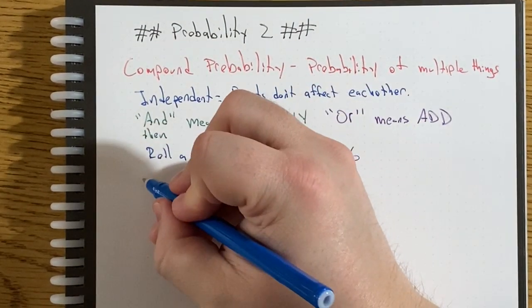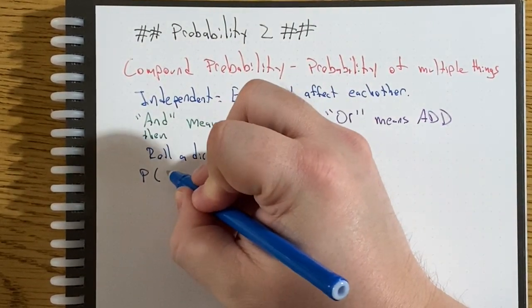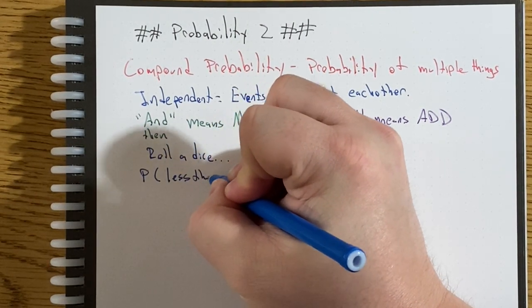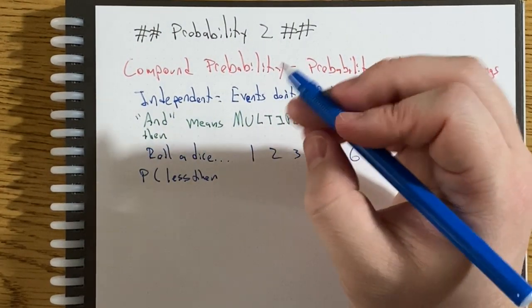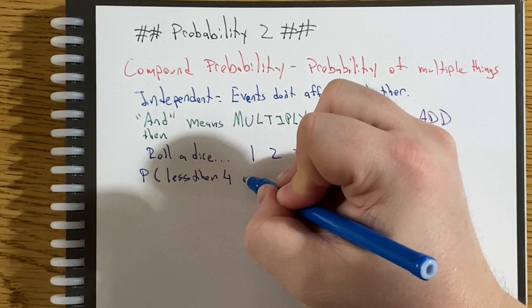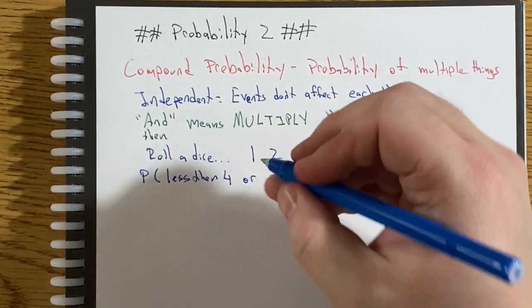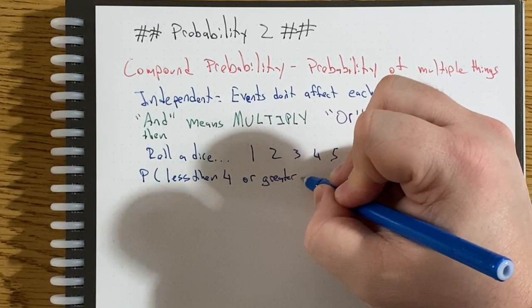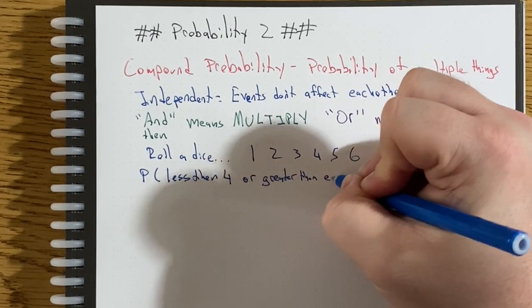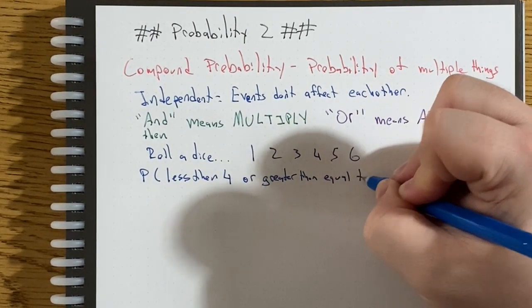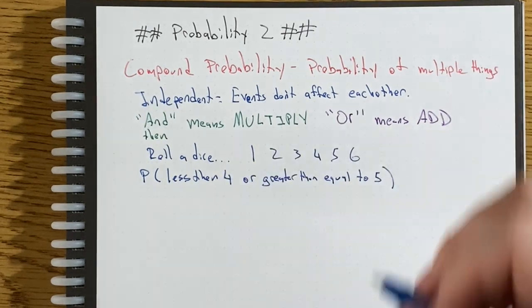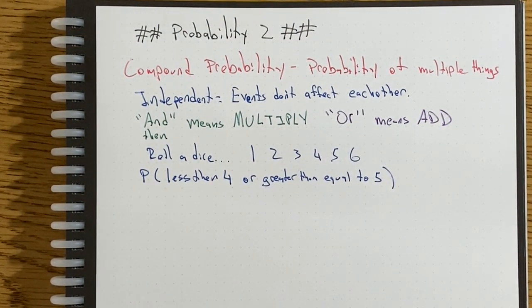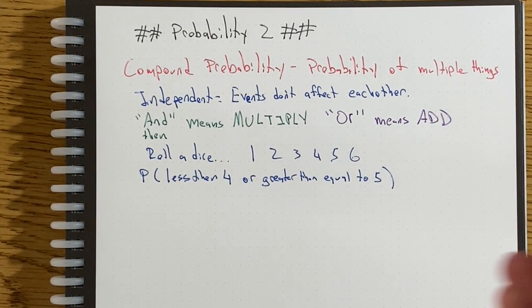So if I said, what is the probability of less than 4 or greater than equal to 5, right? So since this is an or, we're basically thinking on the same roll of the dice. So it's not two separate things that are happening, it's on the same one.